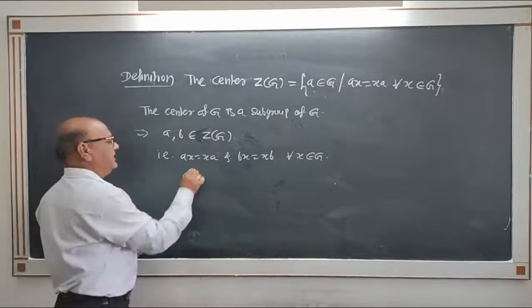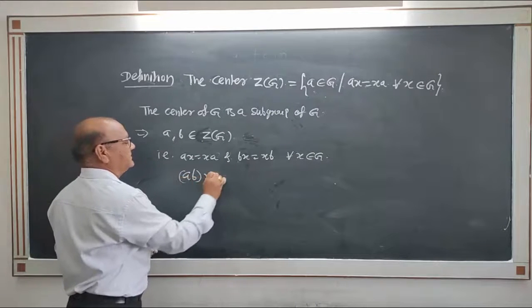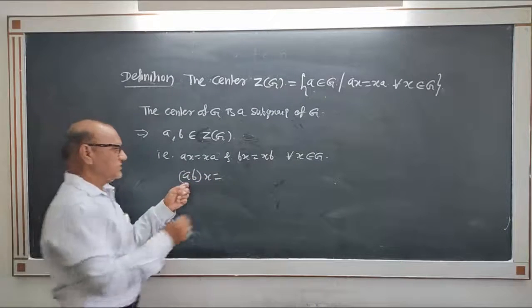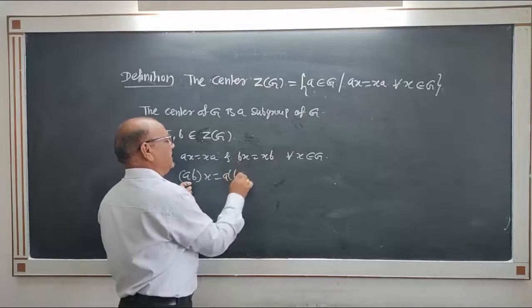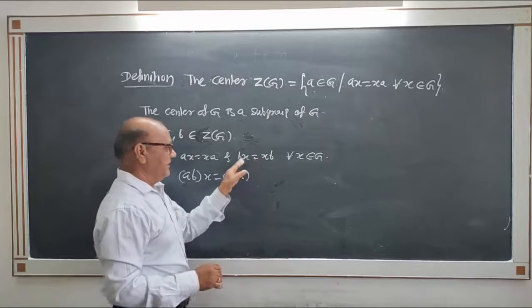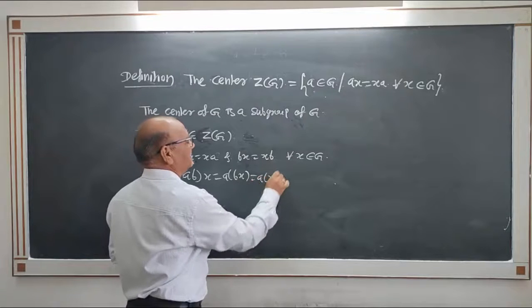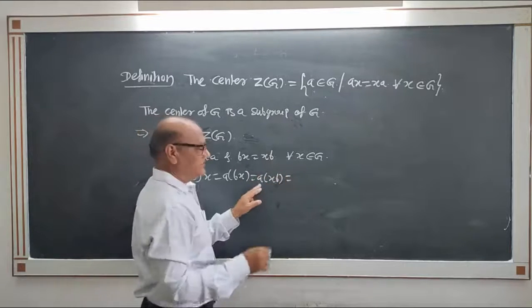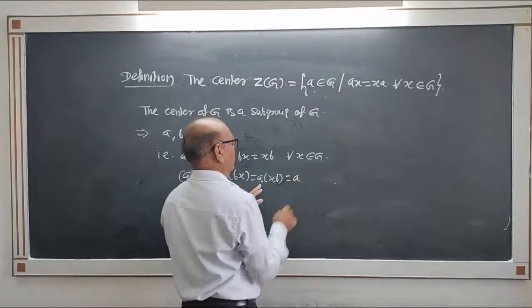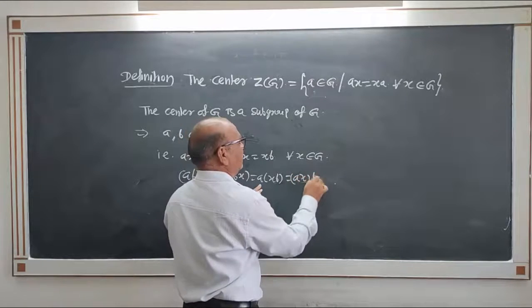Now here, ab times x, by associativity, this gives a b x. Again here bx means xb, put the value xb. Again use associativity, ax times b.